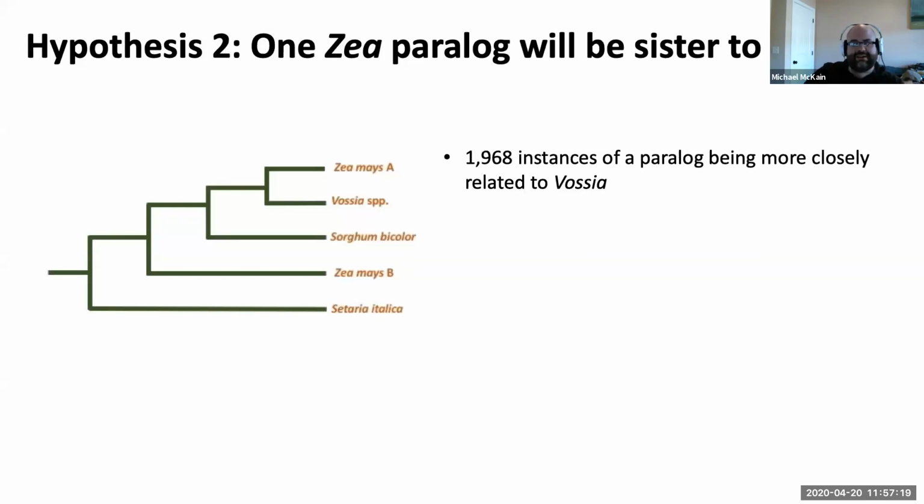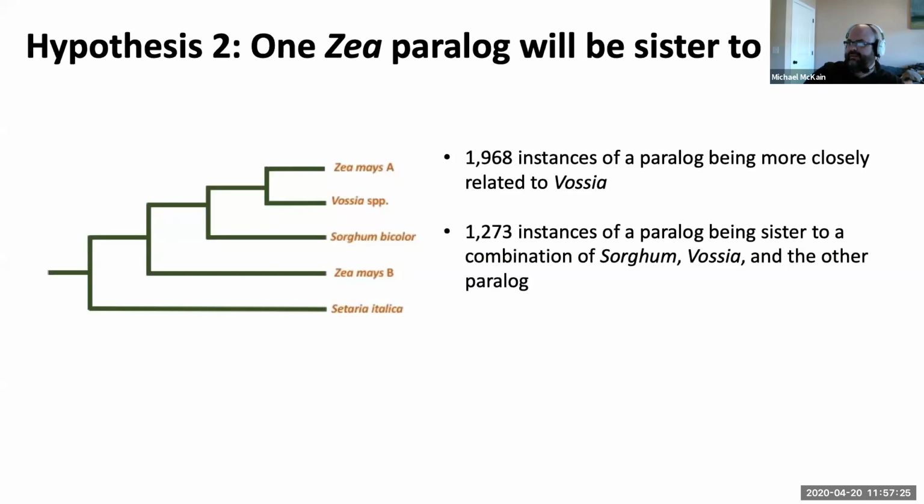In this case, we see about 2,000 of them, so a sizable number, almost half of all the things that we looked at. But we also looked at about 1,200 where it's an instance of a copy that's sister to a combination of sorghum, Bothriochloa, and the other paralog. So we're basically trying to identify this individual and this individual, and we see lots of cases of this across our phylogenies.